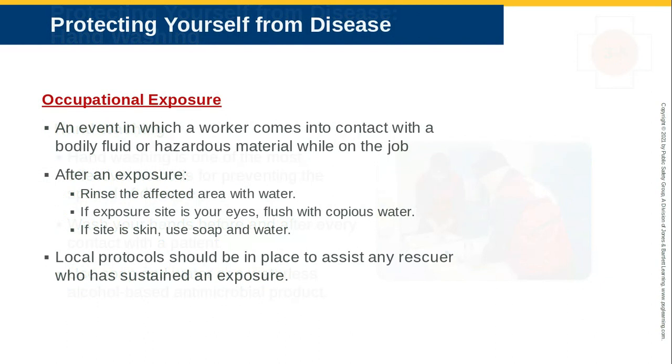Finally, if you were to become exposed occupationally, there's some things that we can consider, and that could be dependent on local protocols, and it may be some sort of post-exposure prophylaxis response to that exposure that you've had to protect yourself.